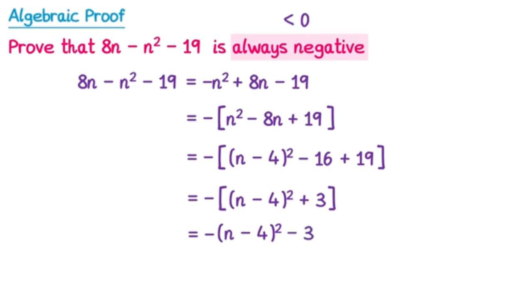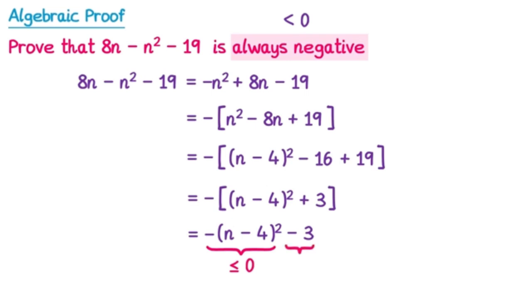Now for this one we need to show it's negative, which is very similar to what we did in the previous proof for positive. So we look at this part here. Now the bracket itself must be greater than or equal to 0, but since it's got a negative at the front, it must be less than or equal to 0.